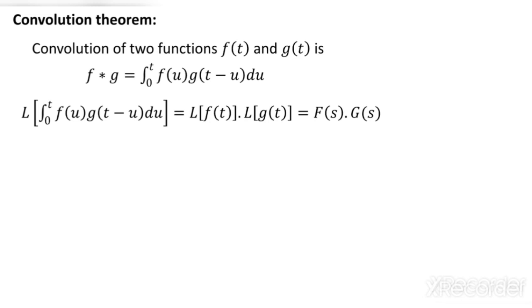So L of f star g, that is L of the integral, is equal to L of f of t into L of g of t, or it is nothing but f of s into g of s.